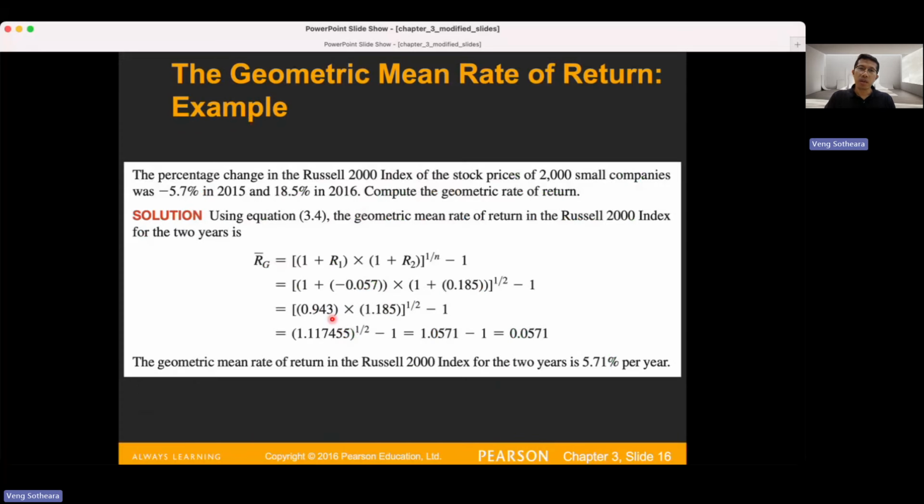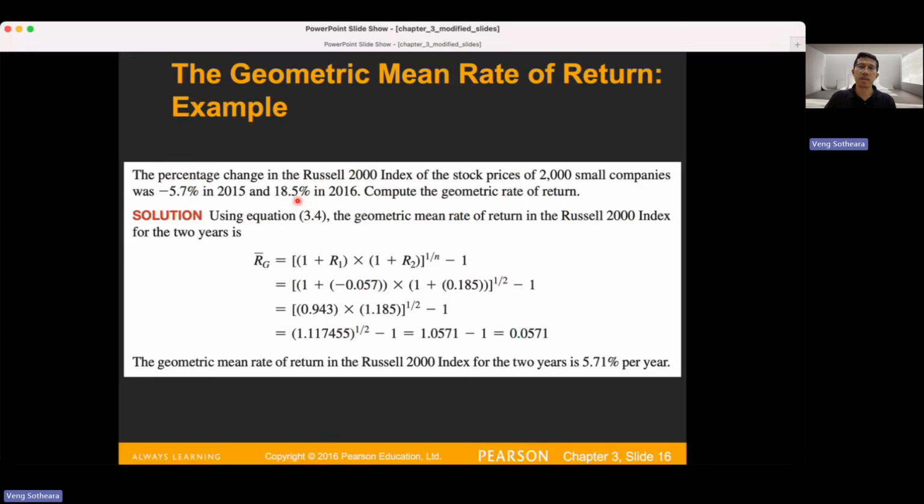So for example, we may use the geometric mean of rate of return in this situation. For example, you look at the stock price of some company, and you see that in 2015 the stock price decreased by this rate, and a year later it increased by this rate. We want to see the general performance of the stock, I mean the return.